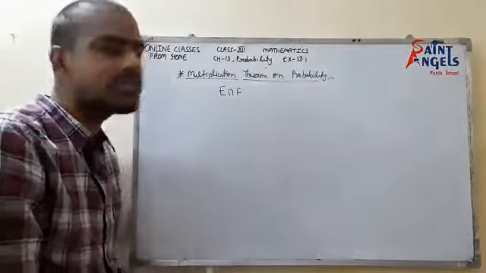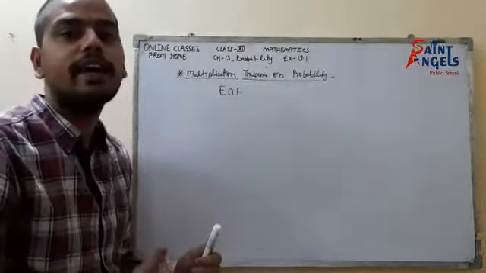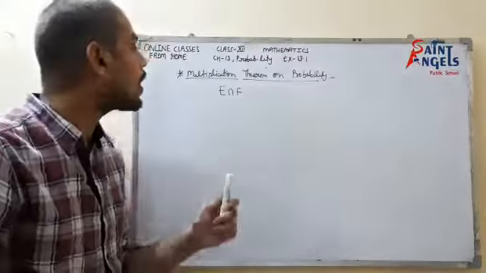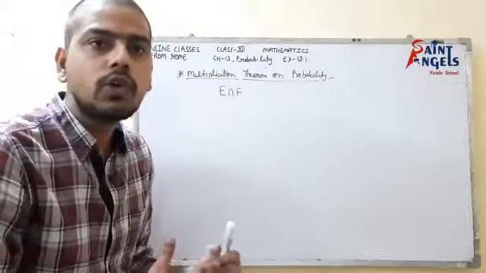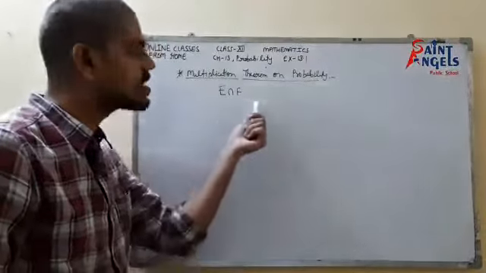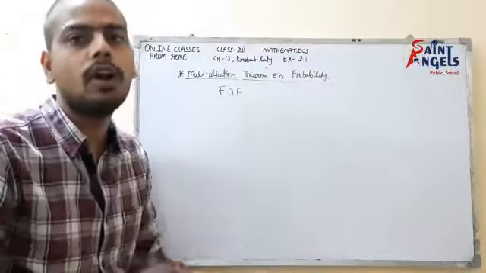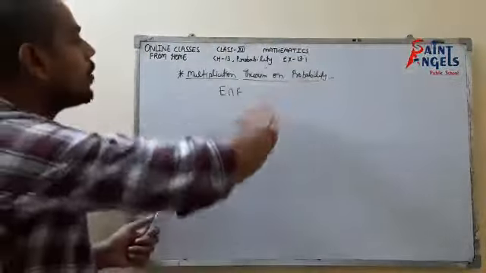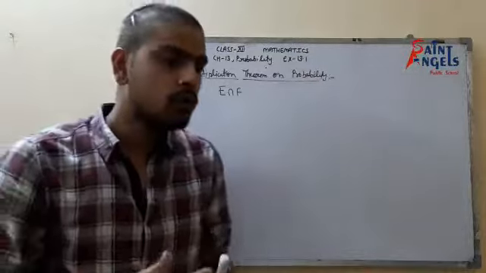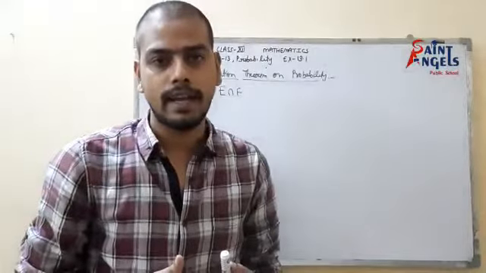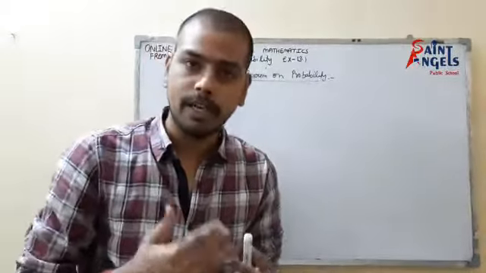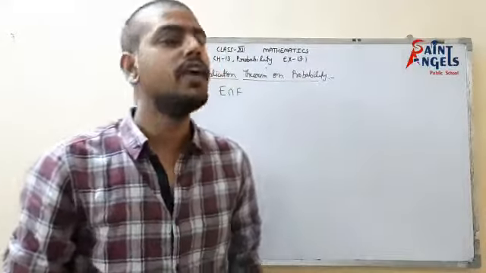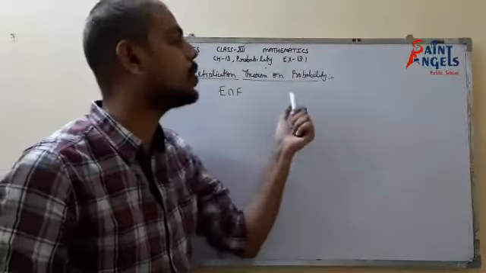Or I could say that E and F are occurring simultaneously, or after E, F is occurring. So I can depict this statement in three different ways. All are same. So when two or more than two events are occurring simultaneously or together, we have to use the multiplication theorem on probability.